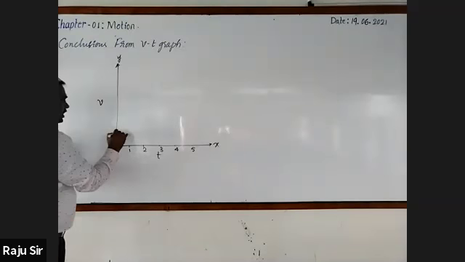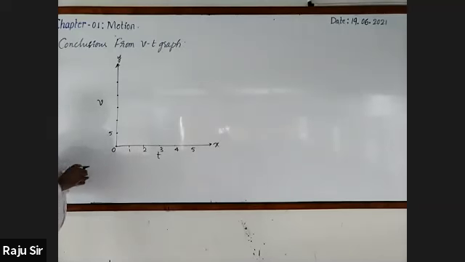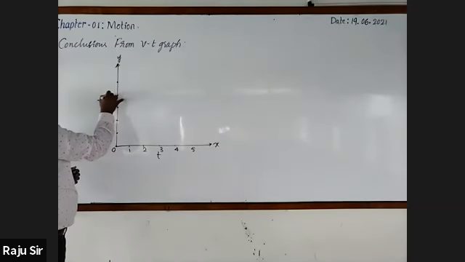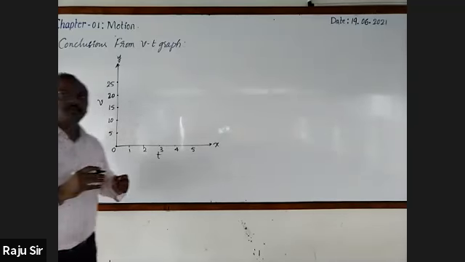Here, I'll take the speed or velocity as 5 meters per second, 10 meters per second, 15 meters per second, 20 meters per second, 25 meters per second. Got it?